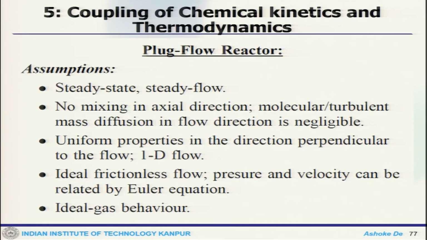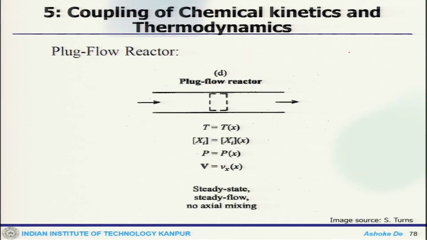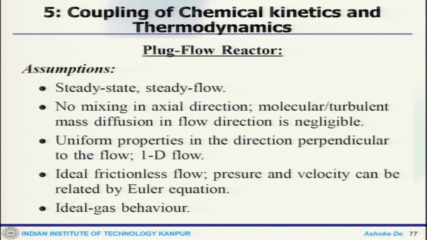Now, we go to the last reactor, which is a plug flow reactor. The plug flow reactor is like that, where the mass is coming in and going out, in steady state, steady flow, but with no axial mixing. So, the assumptions are: steady state, steady flow, no mixing in the axial direction, and molecular and turbulent mass diffusion in the flow direction is also negligible.